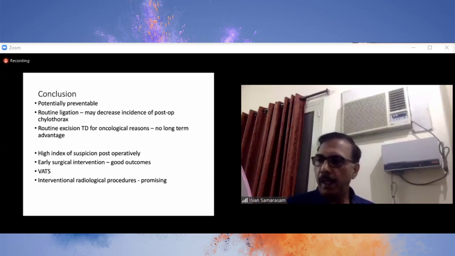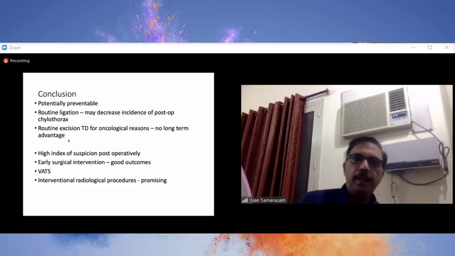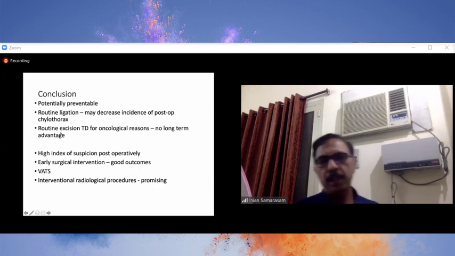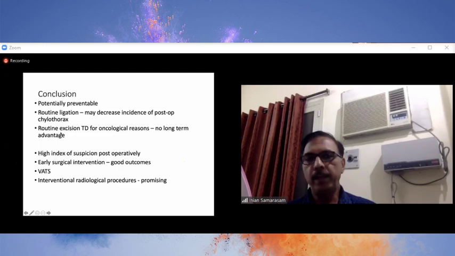So basically, to conclude, it's a potentially preventable problem. Routine ligation of the thoracic duct may decrease the incidence. For oncological reasons, there is no long-term advantage, but if you're doing it routinely, then it is okay. For post-operative control, you need to have a high index of suspicion.